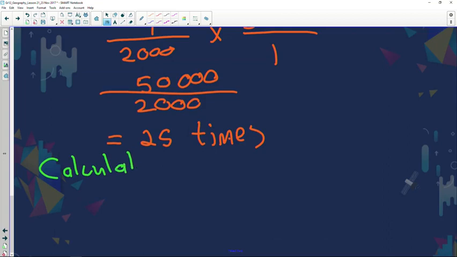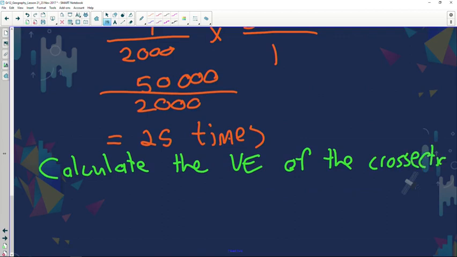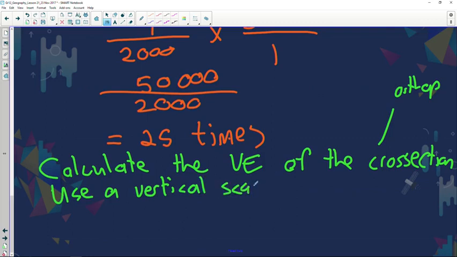Now let's assume the cross section was on the orthophoto. And I state, calculate the vertical exaggeration of the cross section. Use a vertical scale of 1 centimeter represents 10 meters.